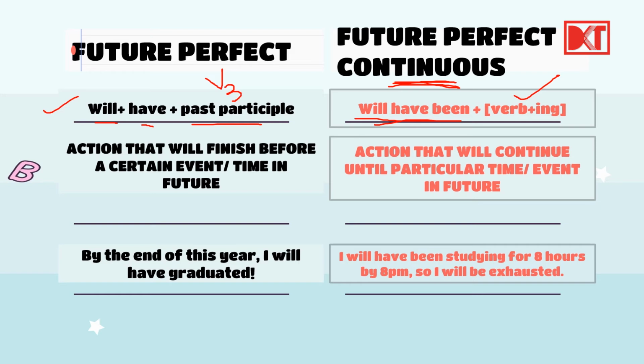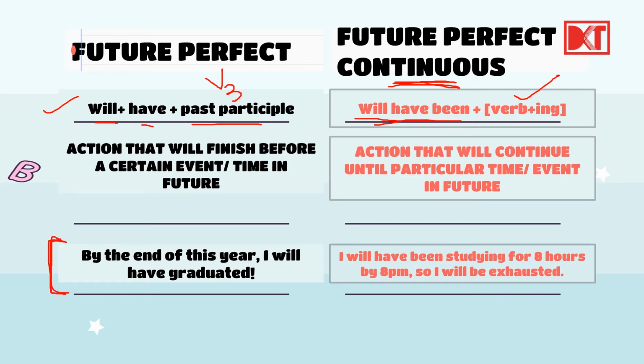Okay, now here you have to focus a little. Future perfect. We are talking about the future, but we are talking about some action that we know will finish by some other action in the future. Okay, I will explain this with an example. Like here you see, by the end of the year, I will have graduated.